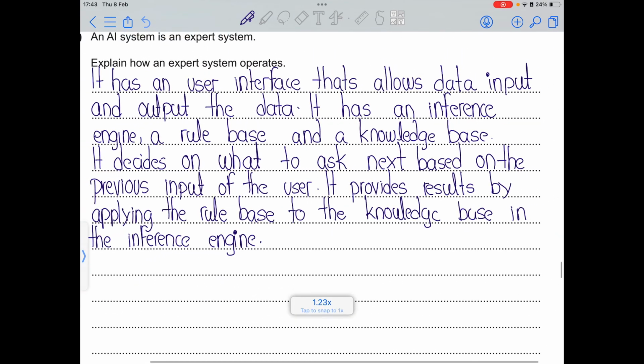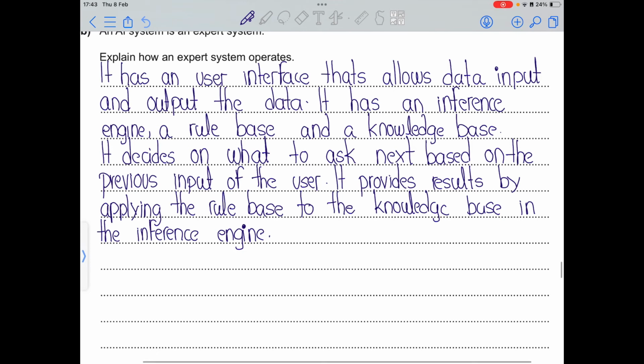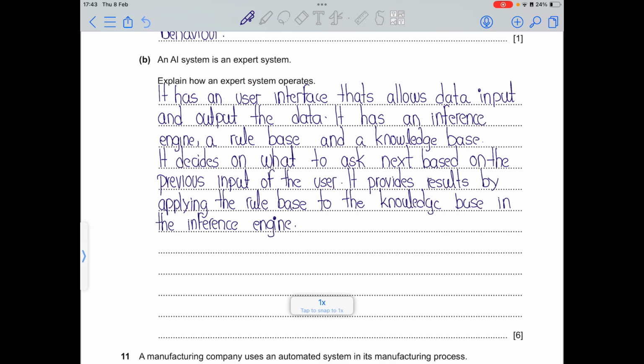It has a user interface that allows you to input and output the data. It has an inference engine, a rule base and a knowledge base, decides on what to ask next based on the previous input, and provides results by applying the rule base to the knowledge base in the inference engine.